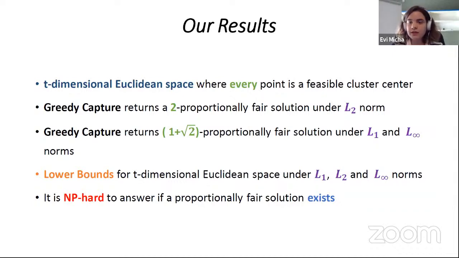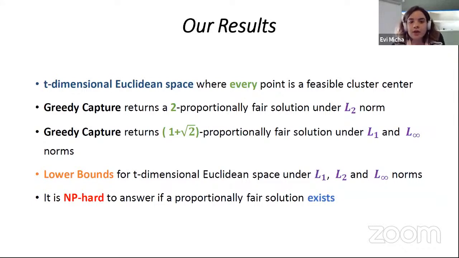So here we see a significant improvement when we focus on a very famous metric space. While when we are again in the d-dimensional Euclidean space and every point is a feasible cluster center, but now we use the L1 norm or L infinity norm as the distance metric, then greedy capture again returns a 1 plus square root of 2 proportionally fair solution, and we have an example which shows it cannot achieve something better.